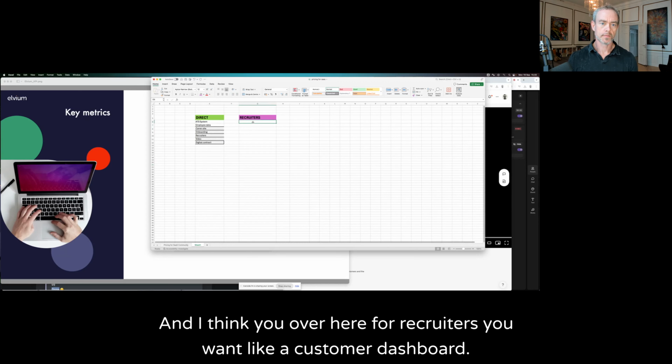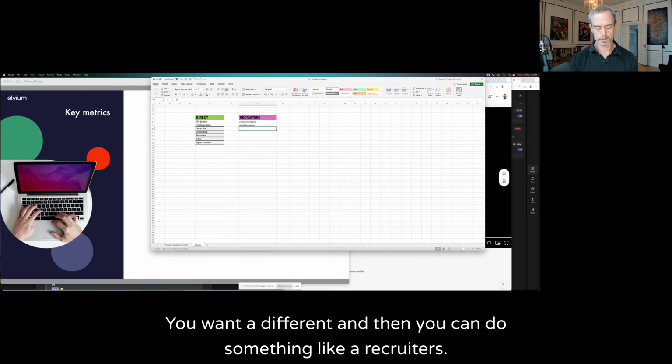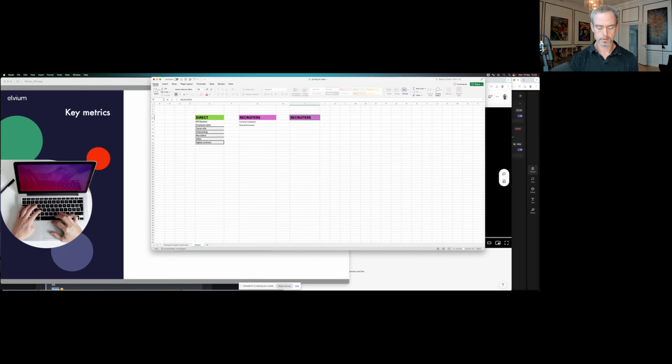And I think over here for recruiters, you want a customer dashboard. You want roles and permissions. You want different, and then you can do something like recruiters plus.